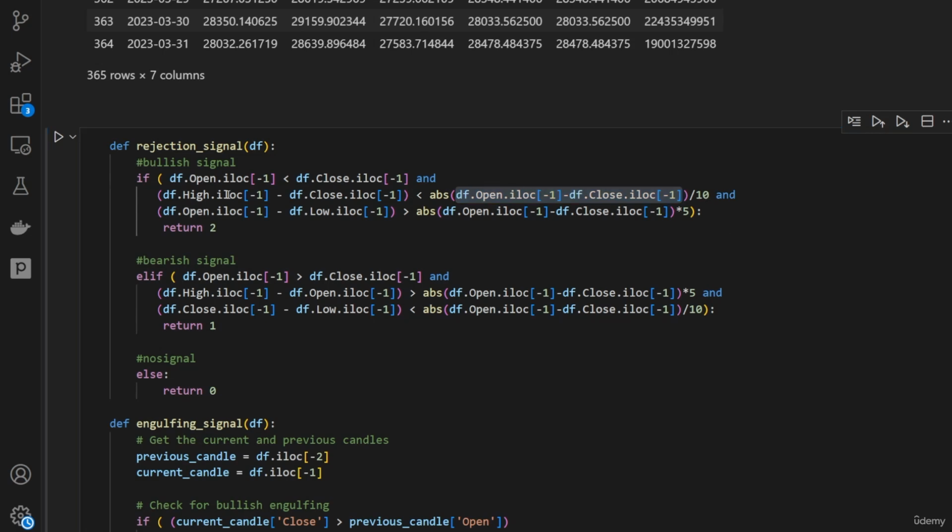So what we're basically doing here is putting a condition where the upper whisker or the upper shadow of the candle is lower than 1/10 of the body of the candle.